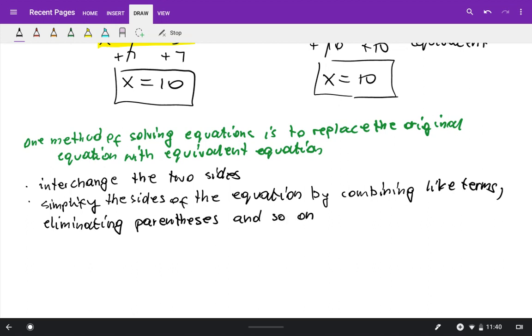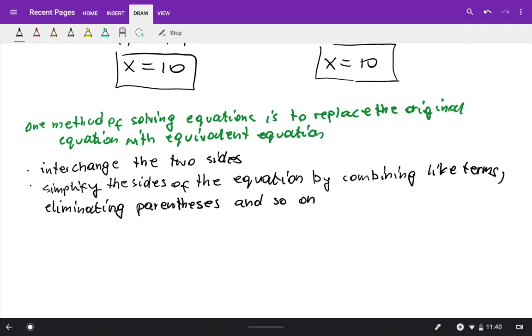Of course I will give you hints on the equations which we solve.